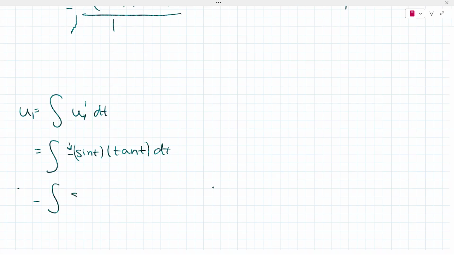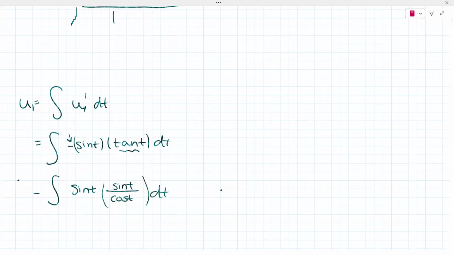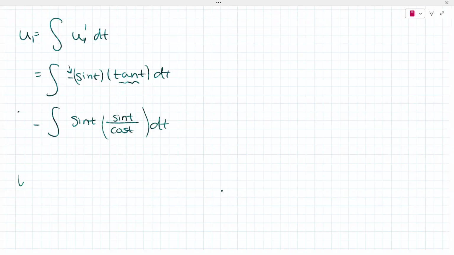Then we can clean it up a bit and put it in terms of sine and cosine. I'm going to leave sine t alone, but I can rewrite tan of t as sine of t over cosine of t. Sine of t times sine of t is sine squared t, over cosine of t, dt.